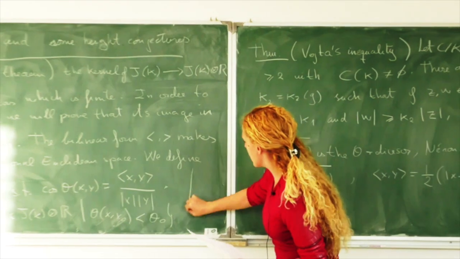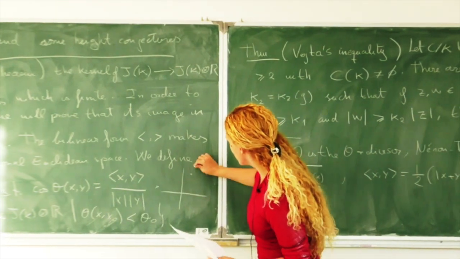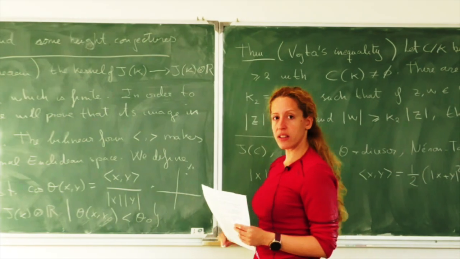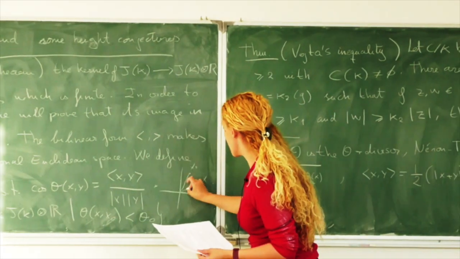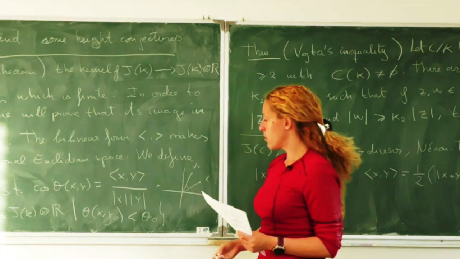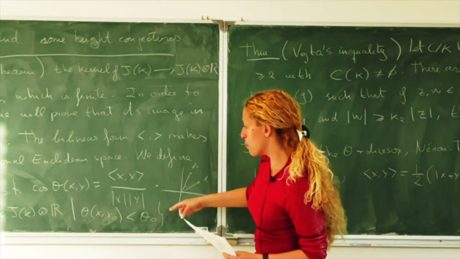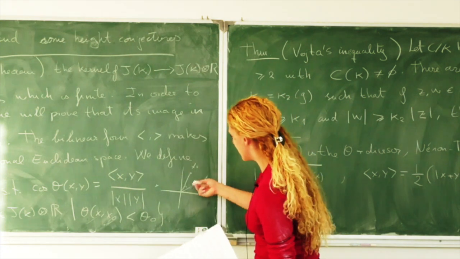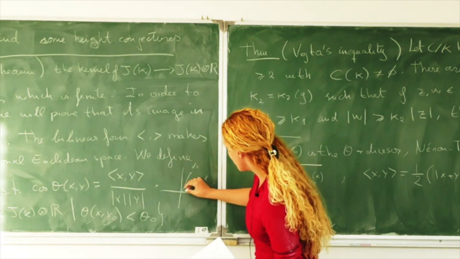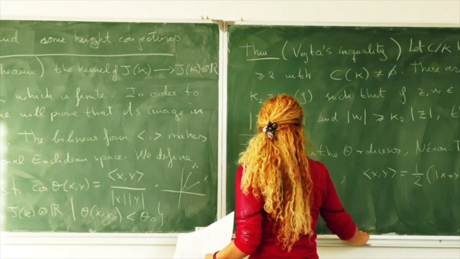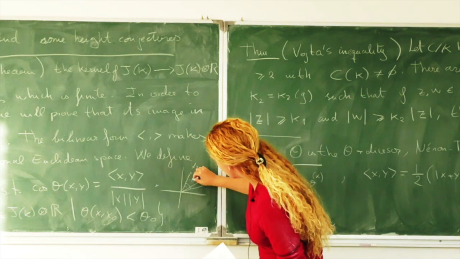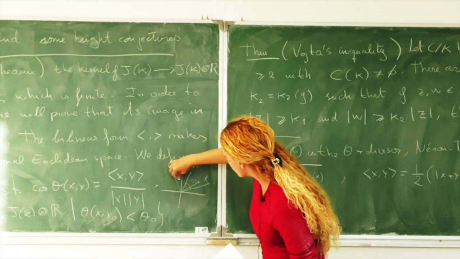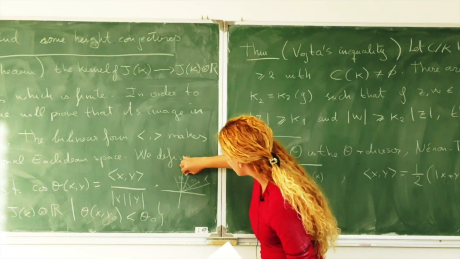So for instance, as an example, imagine that this is the point x0. I take here another point x, so the angle is this one. If I want all the points with an angle smaller or equal than theta 0, you may imagine, maybe I can take another color, that this is theta 0, and I take it also in the other direction, theta 0.